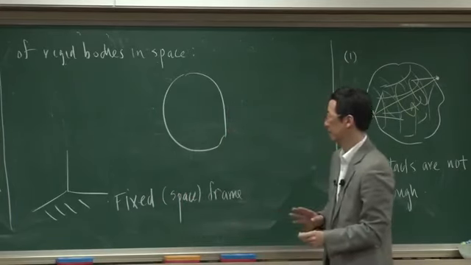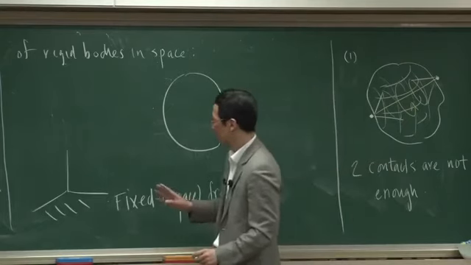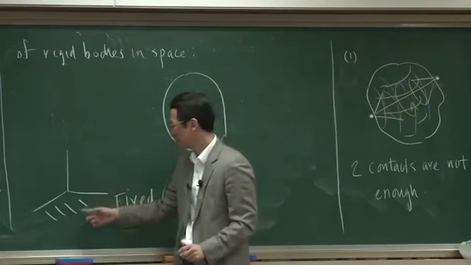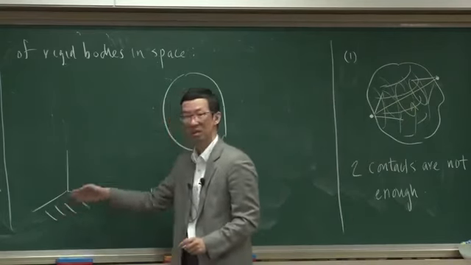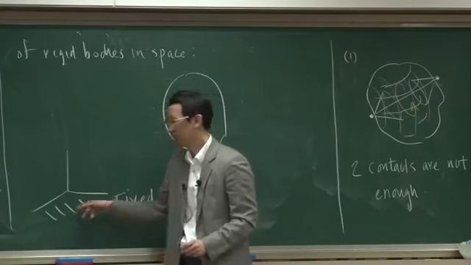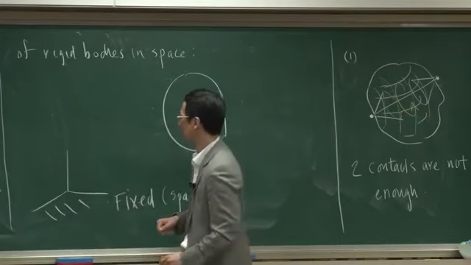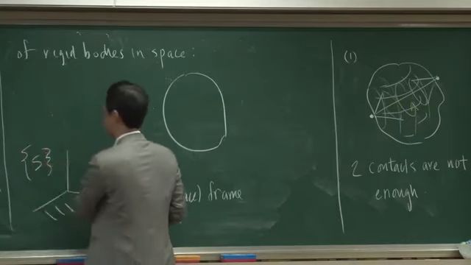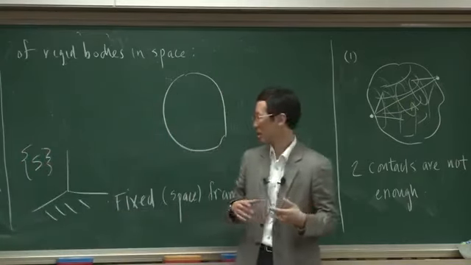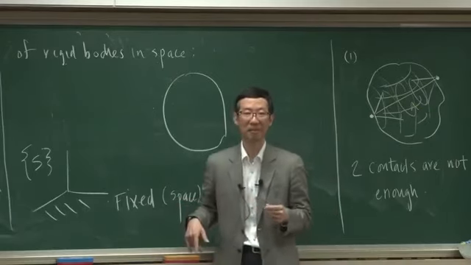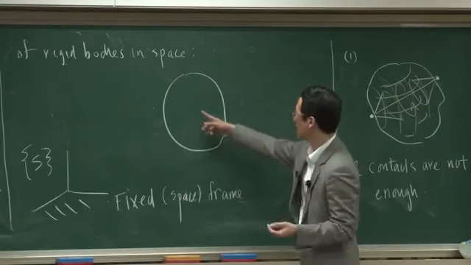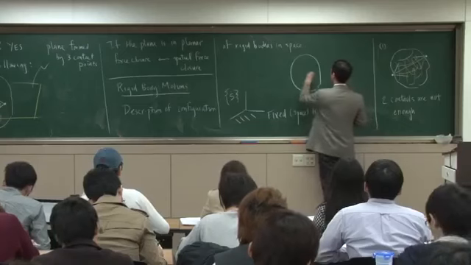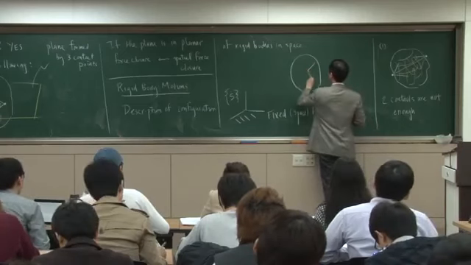To remind you that it's fixed to ground, we're going to use this type of checking notation here, and I'm going to label this reference frame S, to denote the space frame or the fixed frame. Now I'm going to attach another reference frame, this time to the rigid body.